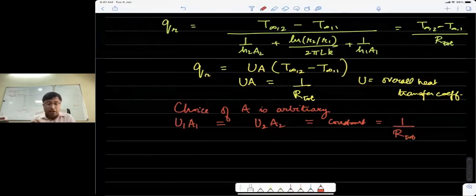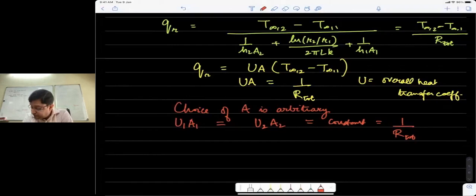Now, this is different from a plain slab. In a plain slab, the area remained the same, so you could define U anywhere, and it remains the same. But not in these radial systems where the surface area keeps increasing.